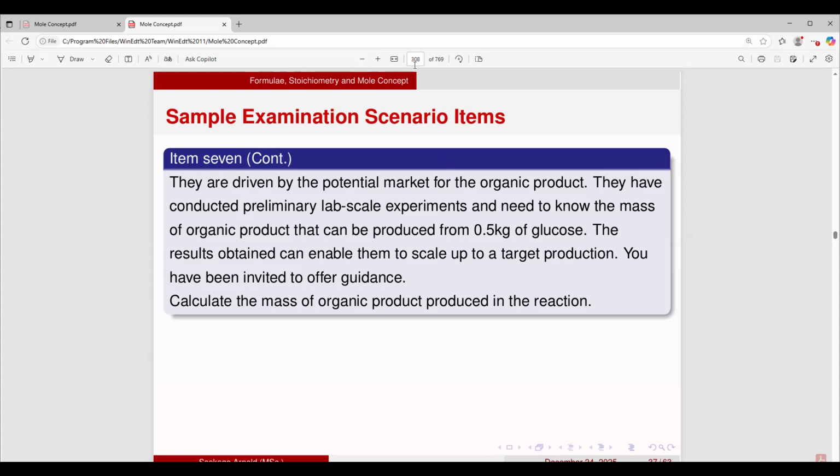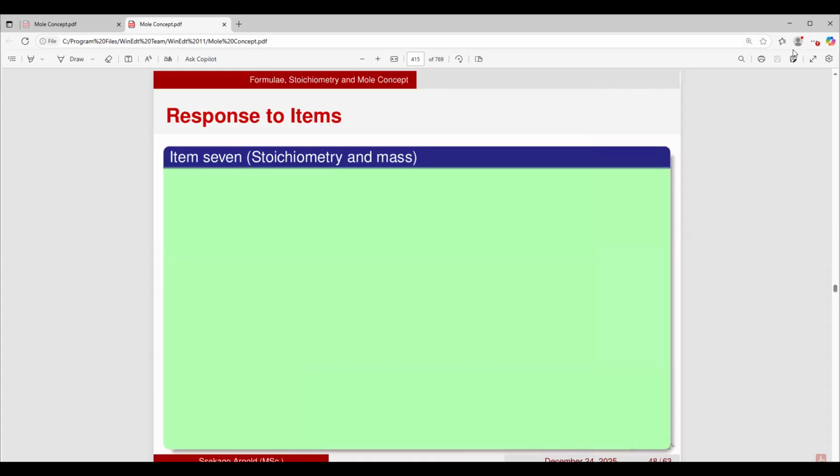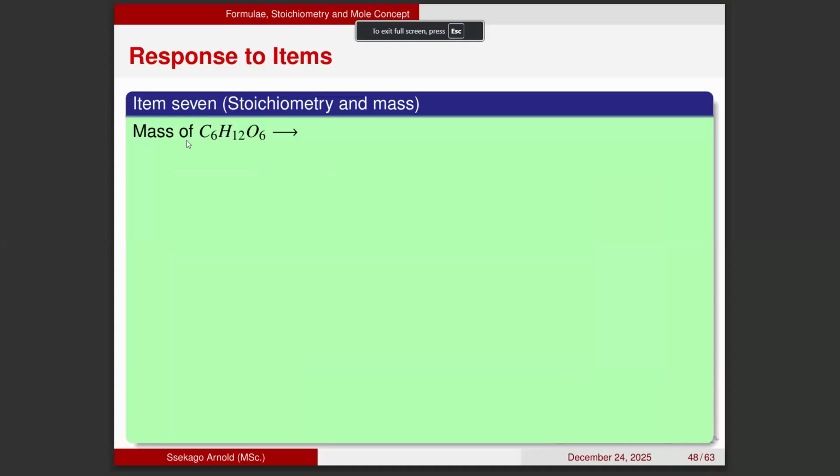Going directly to our response to the item, this is item 7. We are given mass.